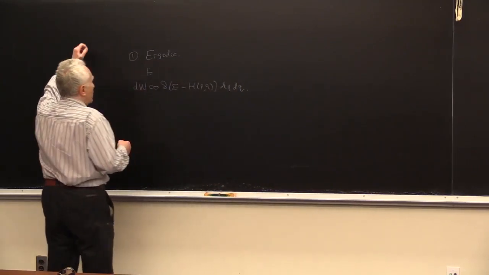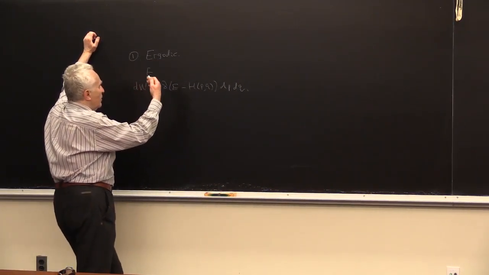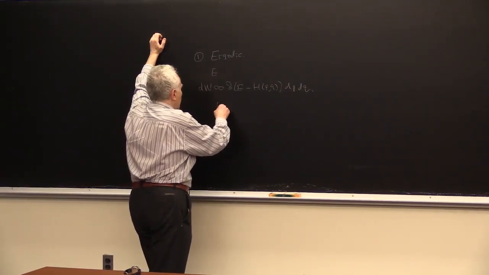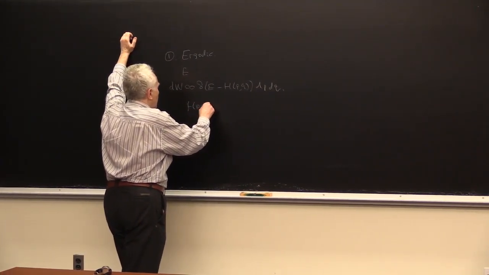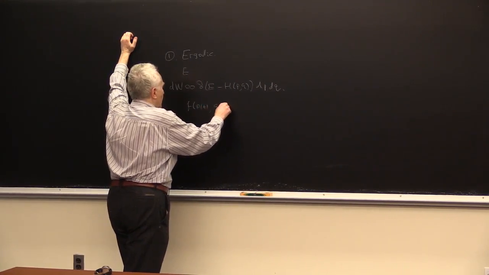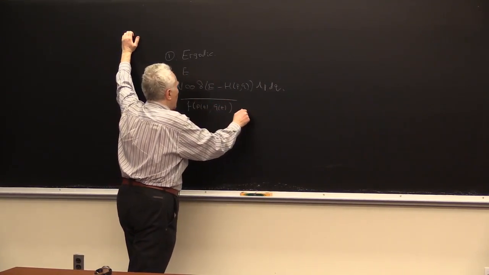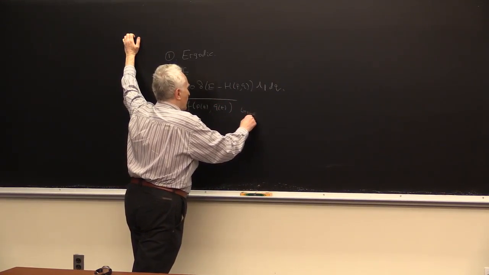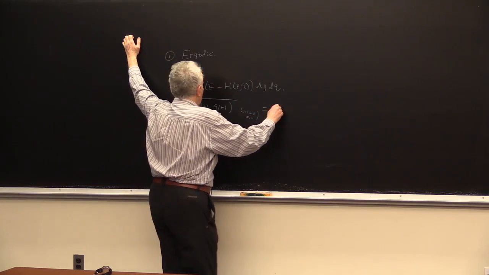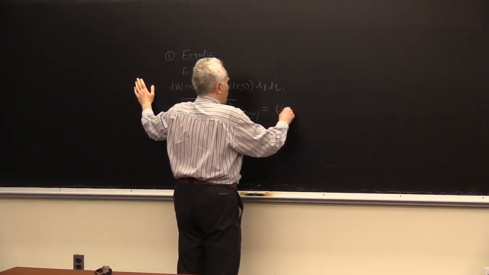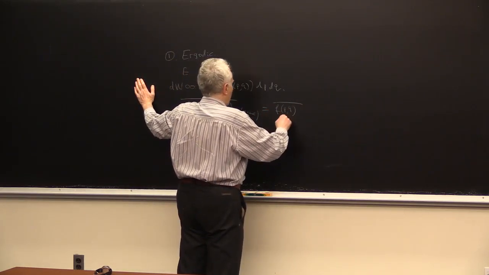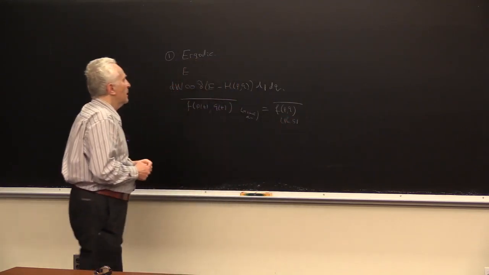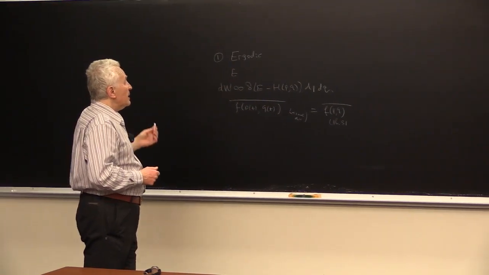And then we say that instead of solving these 10 to the 23 equations of motion, you can average: the time average is equal to the phase space average. That was the statement we discussed.